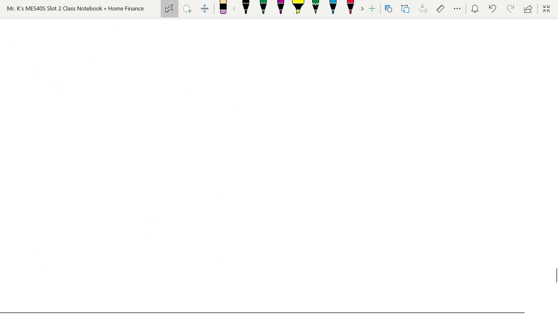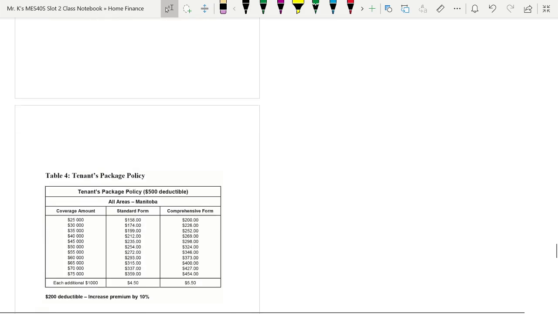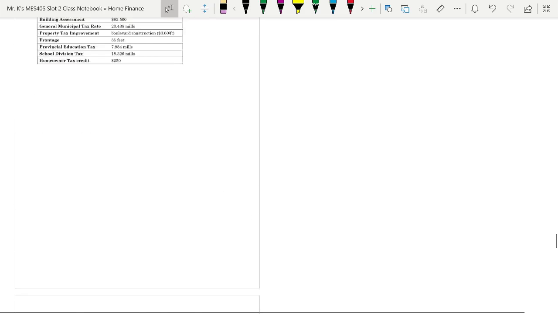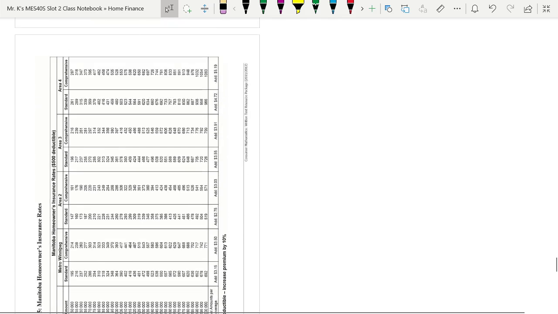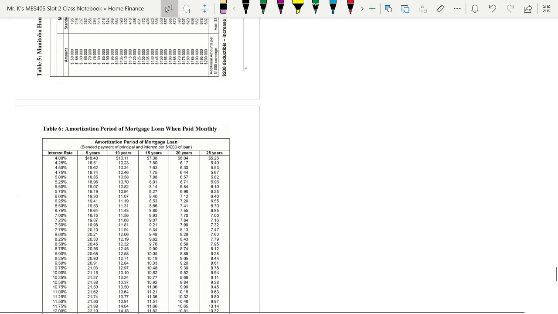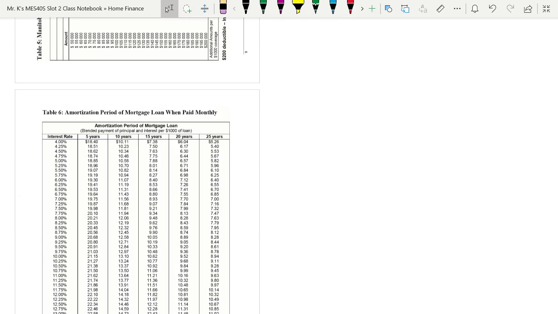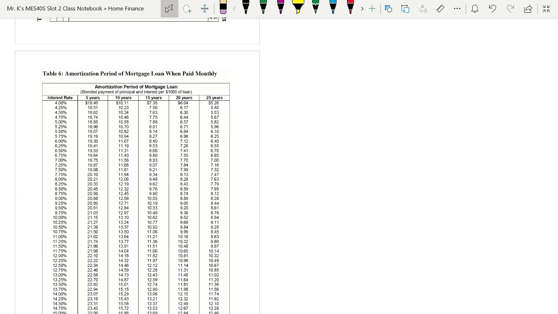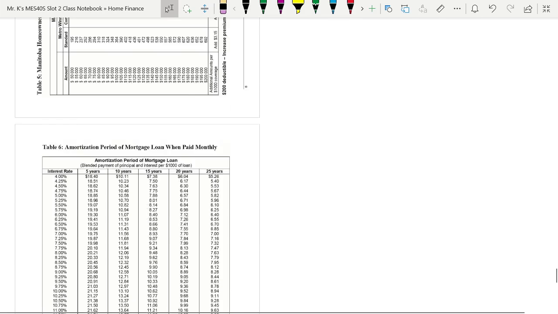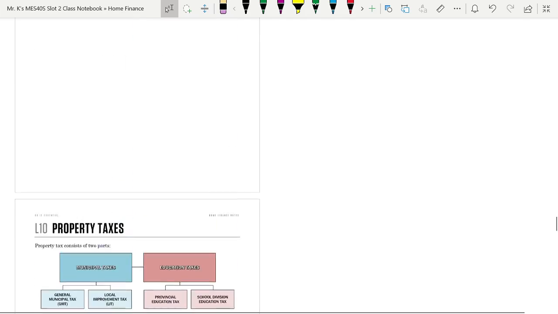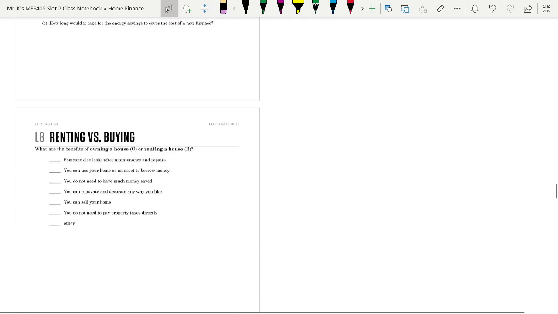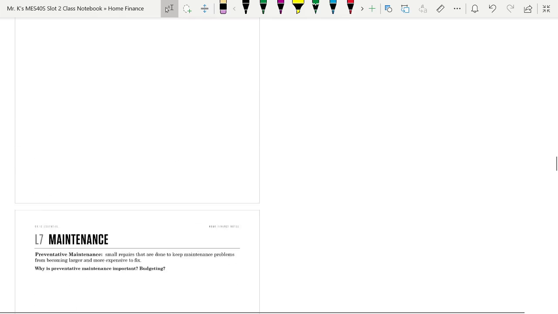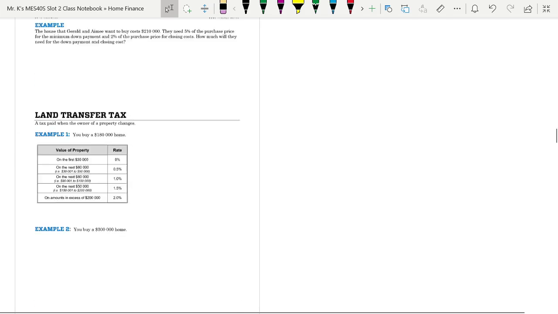Oh, hang on. Did I go too far? There we go. Table 4, table 5, there it is. Yep, table 6. This is the table that works for the formula we just did. Okay, so it's at the end of the book. Phew, thought for a second there, the screen went blank and maybe I forgot to put them on there. So there we go. They're at the end of the book.